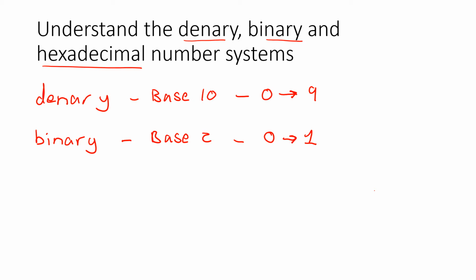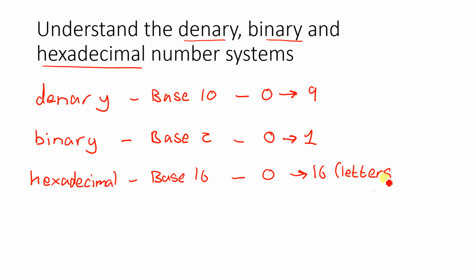And then we have hexadecimal. This is a base 16 number system, and that's because it uses numbers from 1 all the way to 16. But it doesn't actually use the numbers to 16 because it also uses letters.